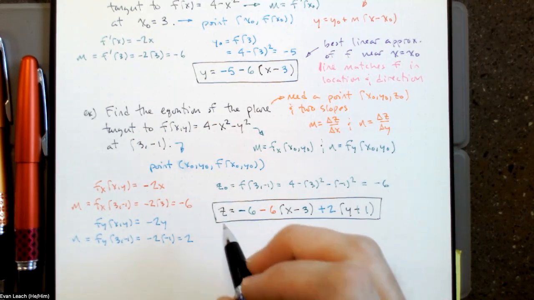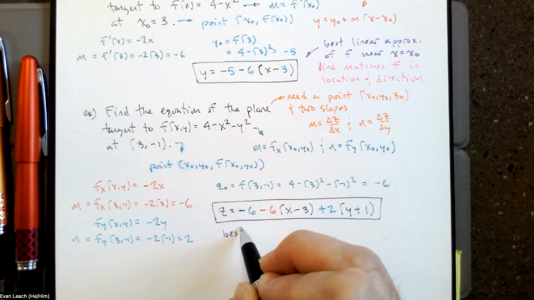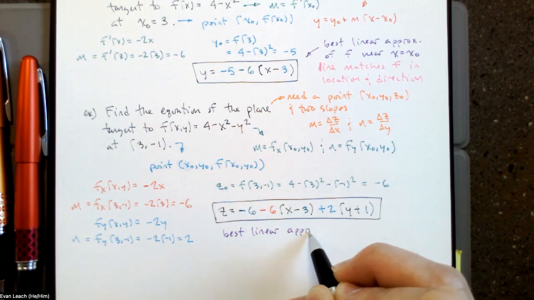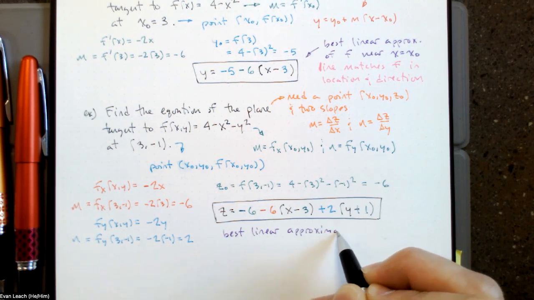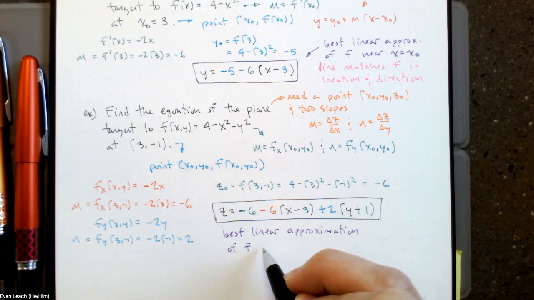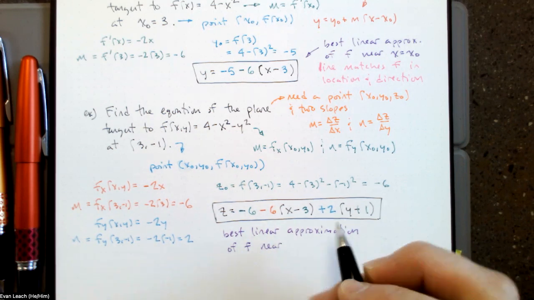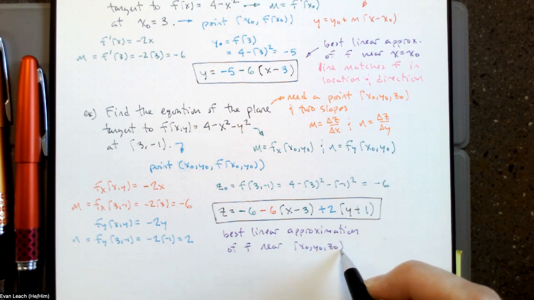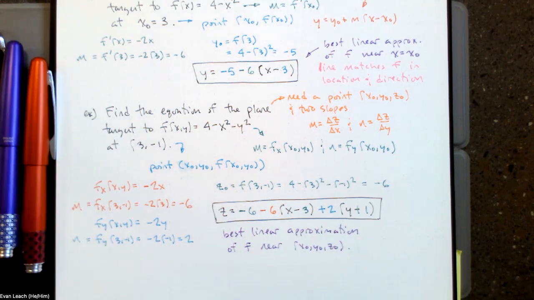This is the best linear approximation of the function near this point, in the same way that the tangent line is the best linear approximation of the function near the point.